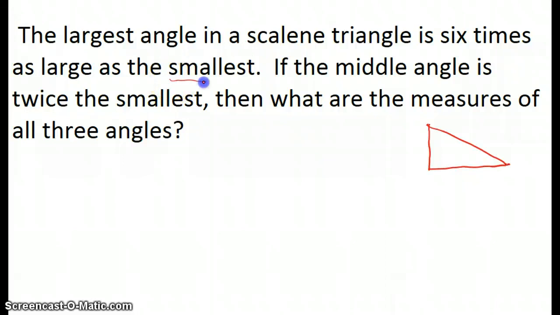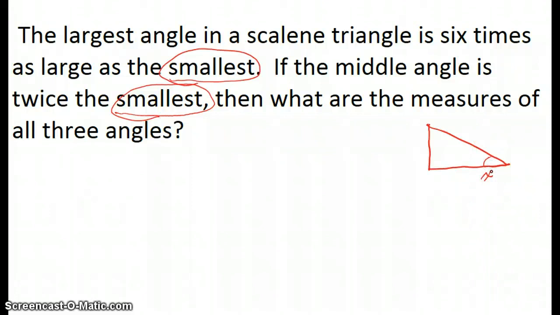So smallest is really what we're basing that first sentence off. The largest is based on the smallest. If the middle angle is twice the smallest, then what are the measures of the 3 angles? Once again, basing it on the smallest. That becomes our base variable. That will become our x.